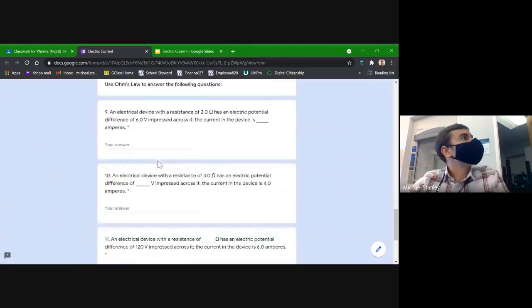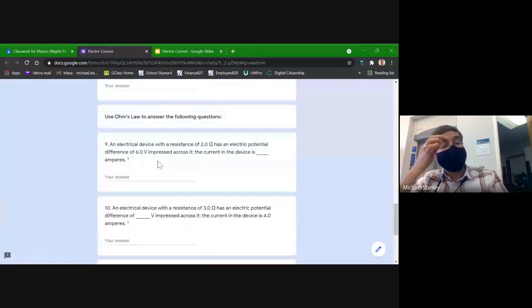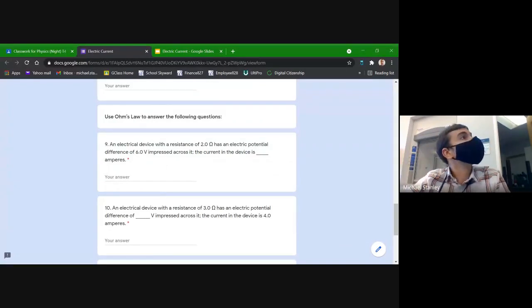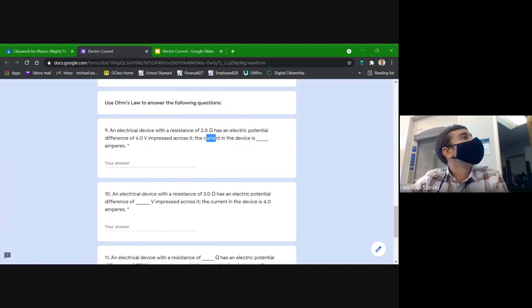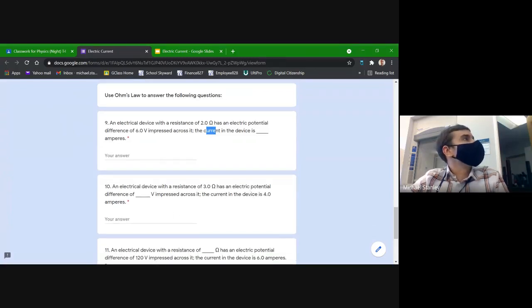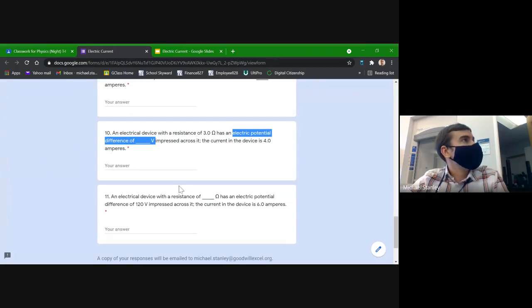And finally, 3 questions about figuring out current if you know resistance and voltage, figuring out voltage if you know your resistance and your current, and figuring out resistance if you know your voltage and your current.